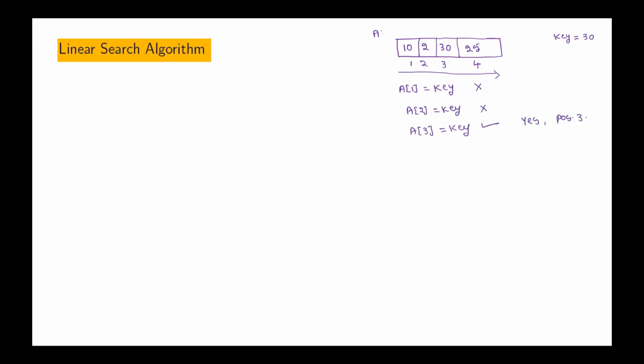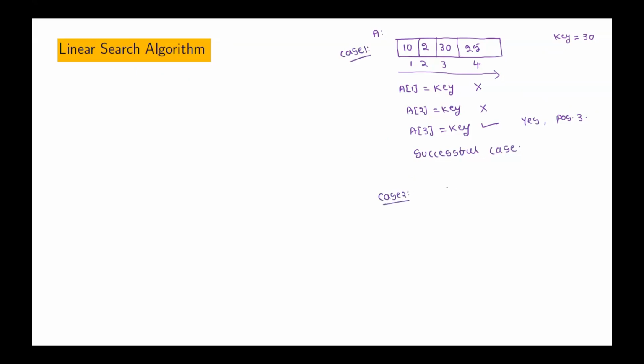Is that okay? So is this a successful instance or an unsuccessful instance? It is a successful case, no? The search is successful. Can you give an example of a case where the search is not successful? If the element is not present in the array.